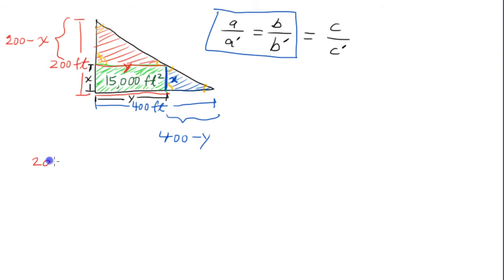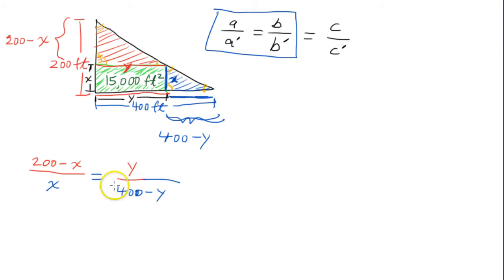I'll try to keep this color coded. 200 minus x over this length of just x equals this length of y over this length, and that is, I'll put that in blue, that's this, 400 minus y. Okay, so we have what we need there.